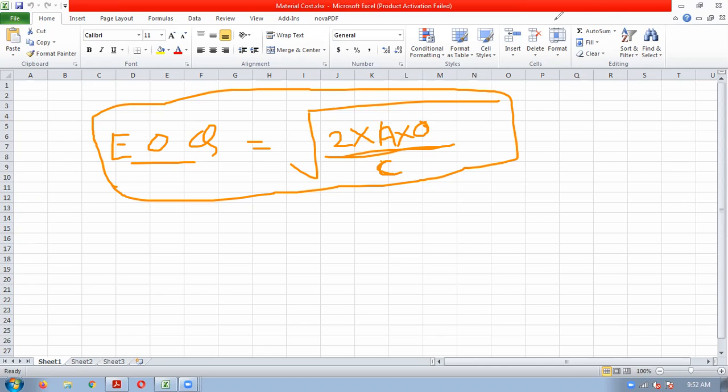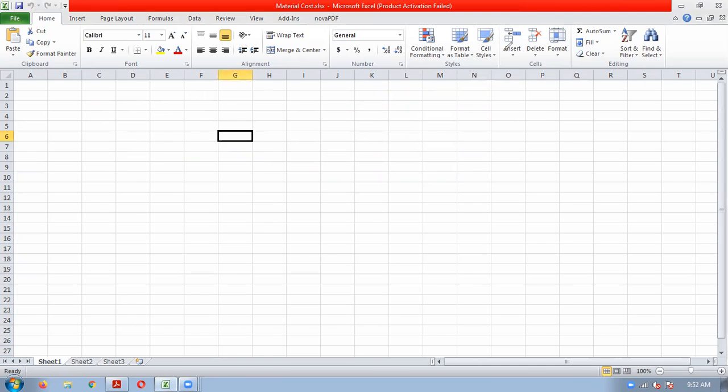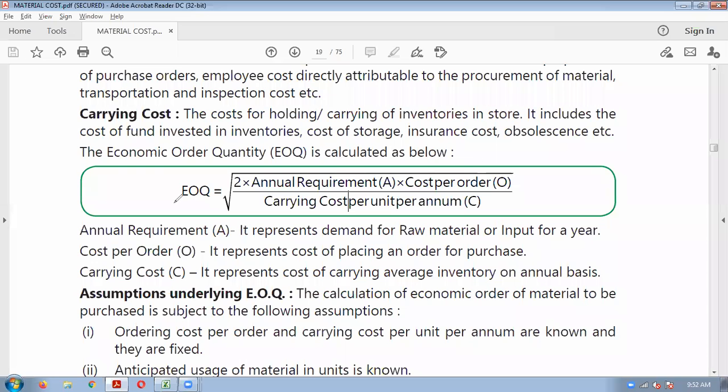Everybody noted down this formula for EOQ. You can write this formula also, it is a little bit more detailed. EOQ is equal to square root of 2 into annual requirement into ordering cost per order divided by carrying cost per unit per annum.